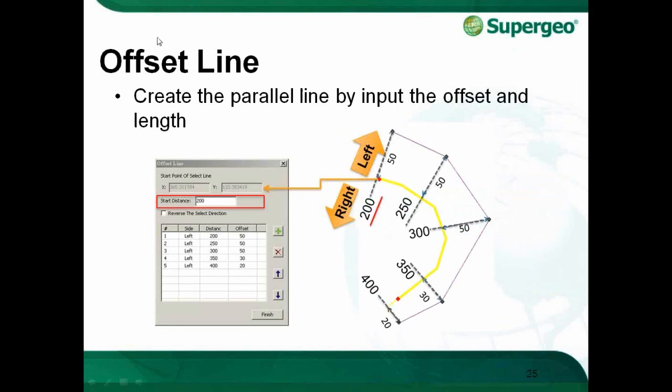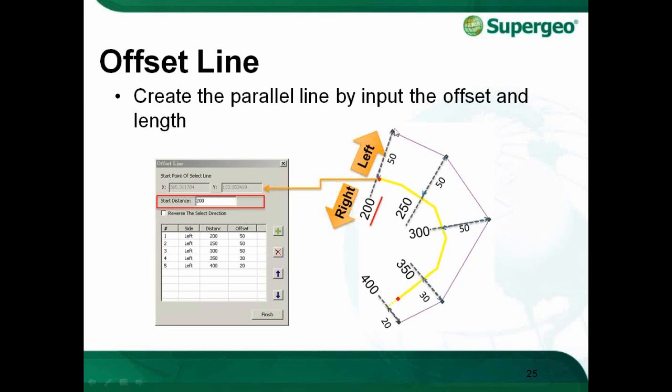And the second function I will introduce is the offset line, which you can use to create a parallel line by inputting the offset and the length. Like the figure shows in here, the yellow line feature. If we are going to create a parallel line with this, we can select this, and then use our offset line to specify the distance and the offset.